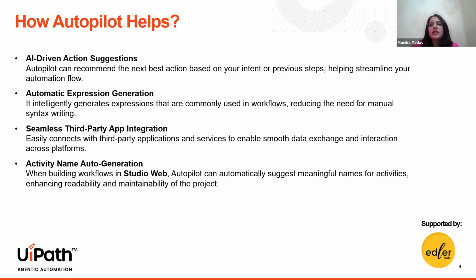So the third major capability is seamless integration with third-party apps and services. Whether you are working with Google Sheets, Outlook, Salesforce, or even calling an API, Autopilot simplifies the setup for you. For example, if you want to read data from Google Sheets and use it to trigger Outlook emails, Autopilot helps by suggesting the correct connectors, pre-populating the required parameters, and even building the data mapping logic.